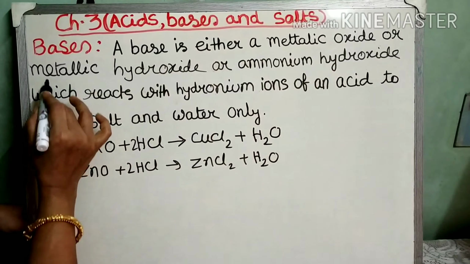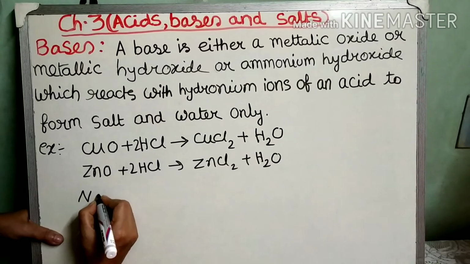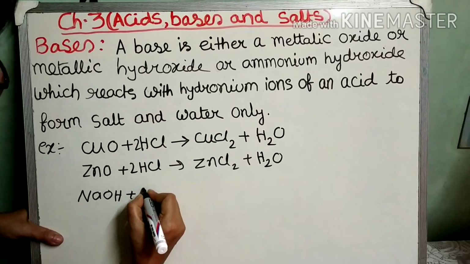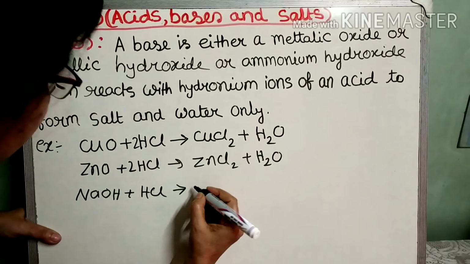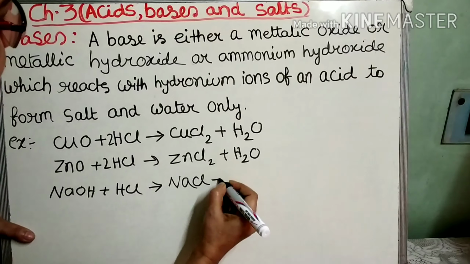Next, metallic hydroxide. When sodium hydroxide reacts with HCl, then salt and water are formed, NaCl plus H2O.